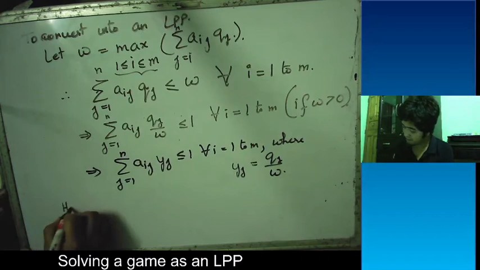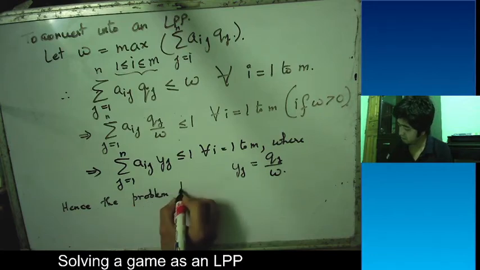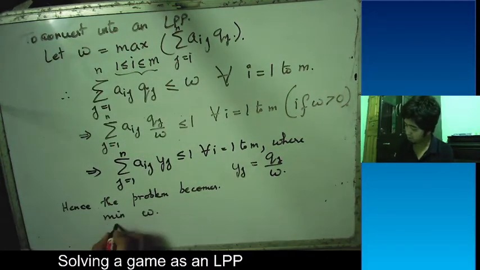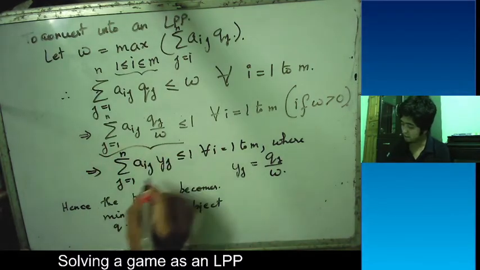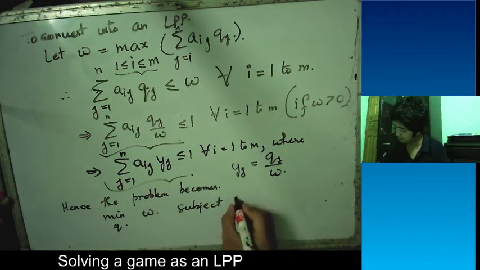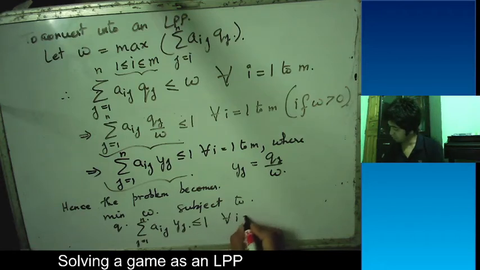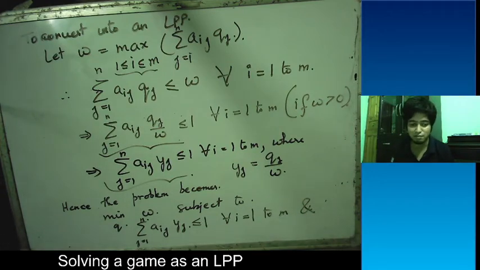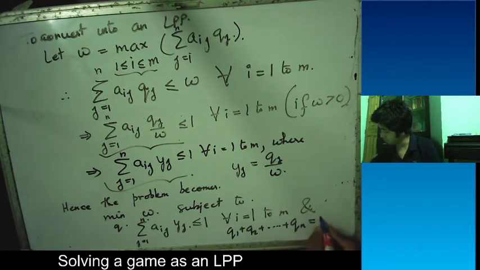Okay, so this is how we do it. Hence the problem becomes again the same thing: minimize W subject to these constraints, summation Aij Yj less than or equal to 1 for all i equal 1 to m, and we are still having the restriction on the probabilities, Q1 plus Q2 up to Qn should be equal to 1.